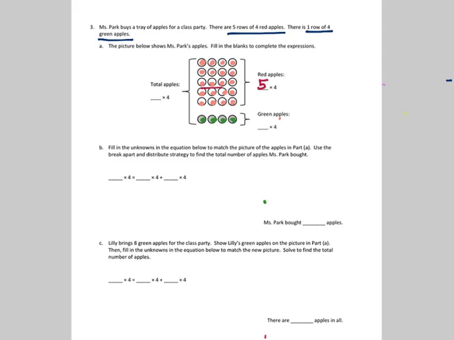So 5 rows of red apples and 1 row of green apples will make 6 rows of 4, right? Altogether it is 6, because 5 plus 1 makes 6.